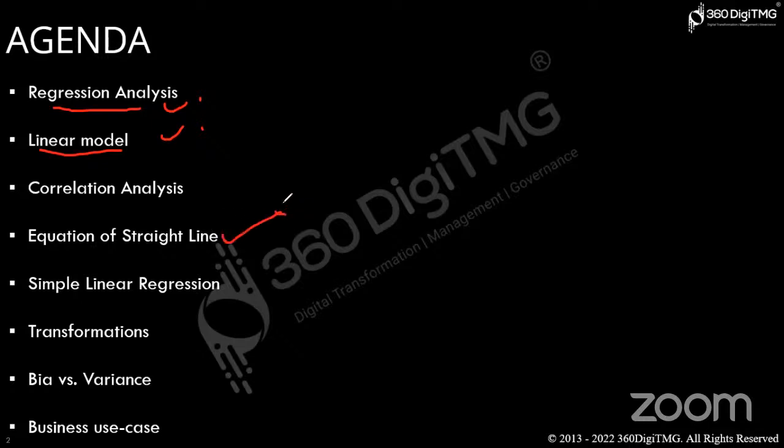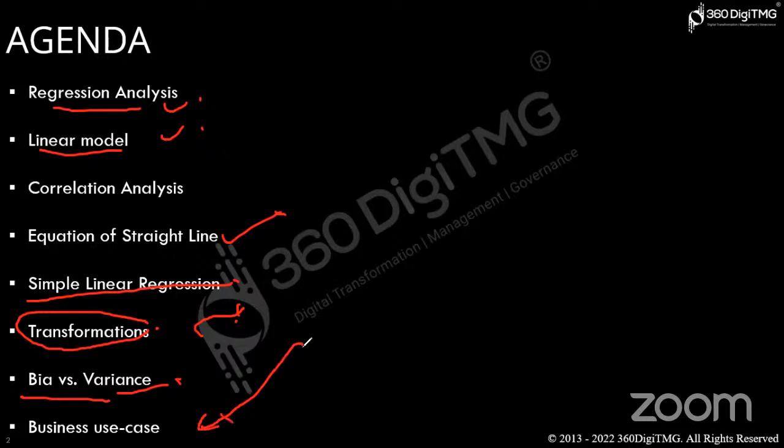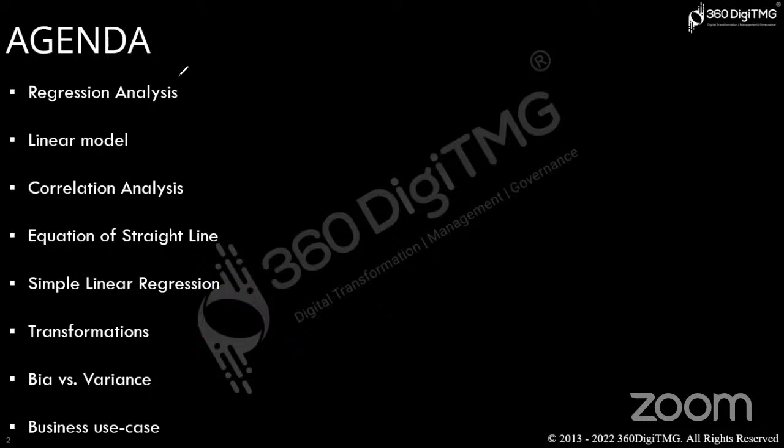So we'll see how we can apply regression using the equation of a straight line. What is simple linear regression? What are the transformation techniques, and when will we be using transformation? And what are bias and variance? And we will be discussing one business use case. So this is the agenda for today's class.